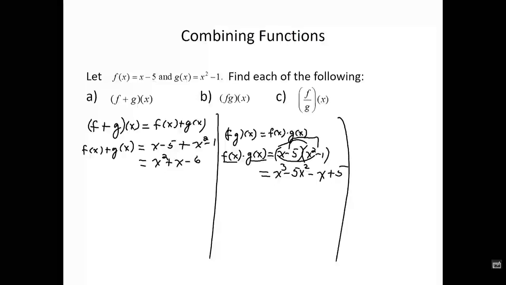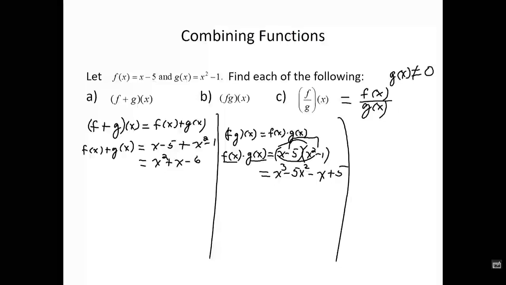In the next example, we want to consider the quotient of the two functions. That's f divided by g. So this really means f of x divided by g of x. Although there's one condition. The condition is that g of x cannot be 0.